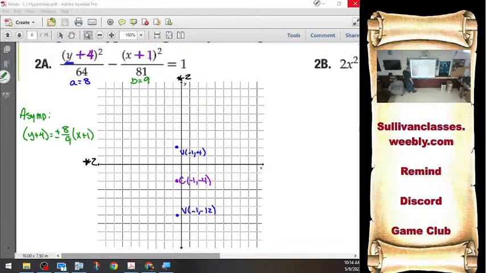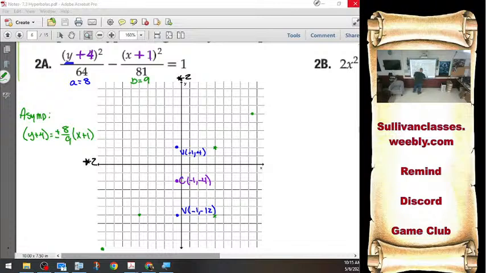From there, up 8 over 9. Up 8 over 9. There's 3, 5, 7, 9. Up 8 over 2, 4, 6, 8, 9. 3, 5, 7, 9. Down 8 over 2, 4, 6, 8, 9. Shoop.